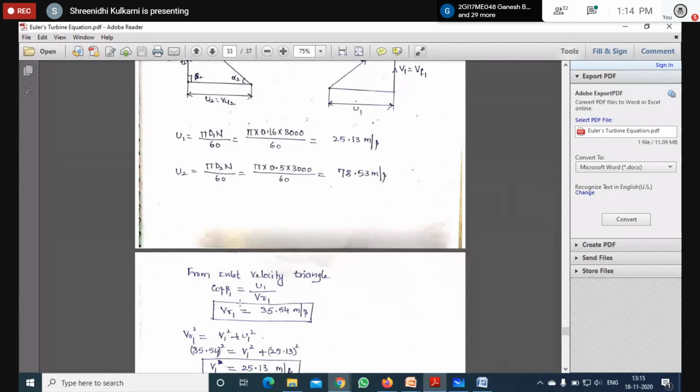I hope you got VR1 is equal to 35.54 meter per second.